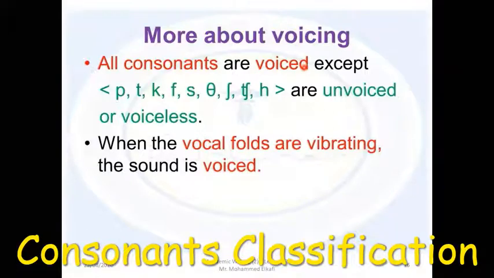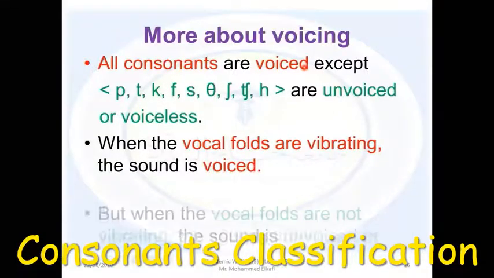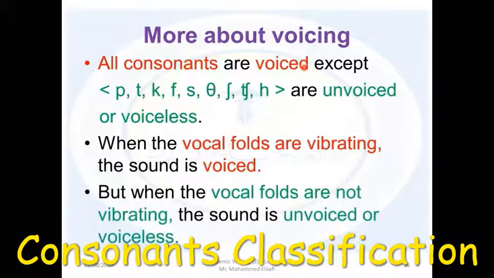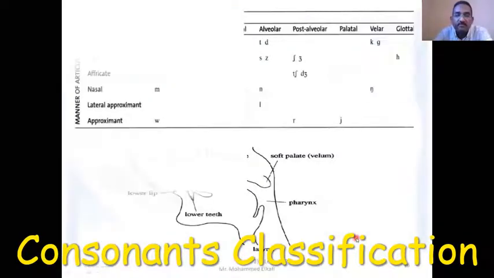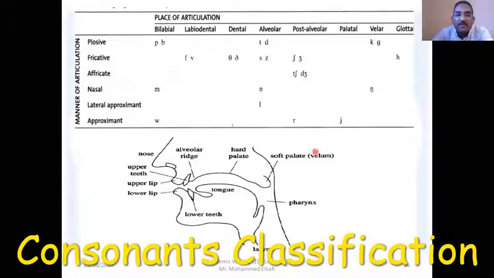When the vocal folds are vibrating, the sound is voiced. But when the vocal folds are not vibrating, the sound is unvoiced or voiceless. Here we have a table which explains the classification of sounds. First, we have, for example, place of articulation.